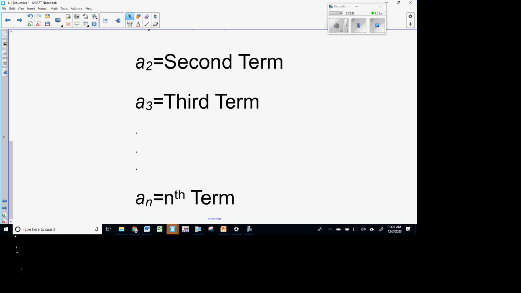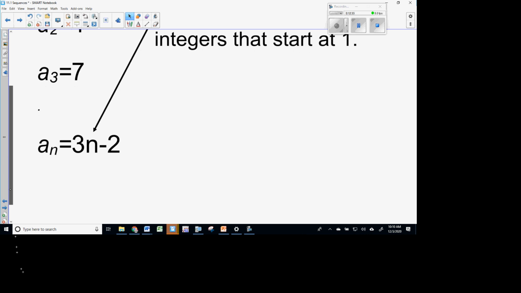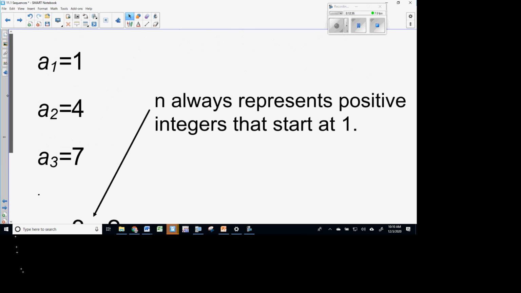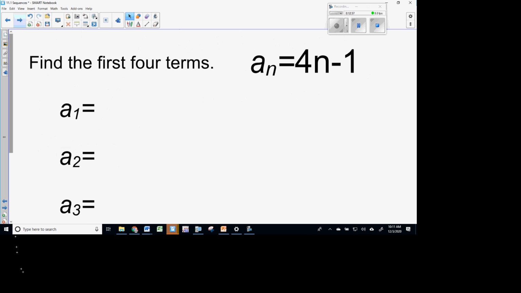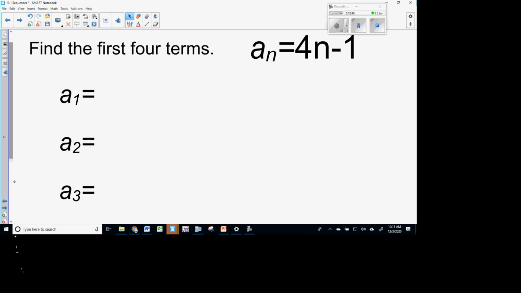Okay? So if I give you an example. Is this on your notes? Yes. Okay. So, for the first 4 terms, if I say A sub n is 4n minus 1, that's our formula. And I want to find what is A sub 1.